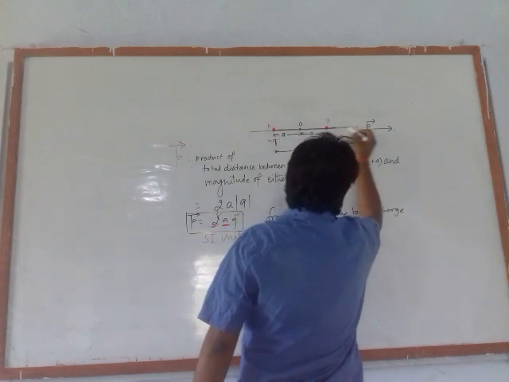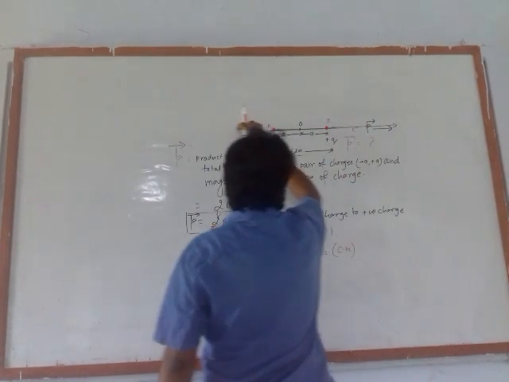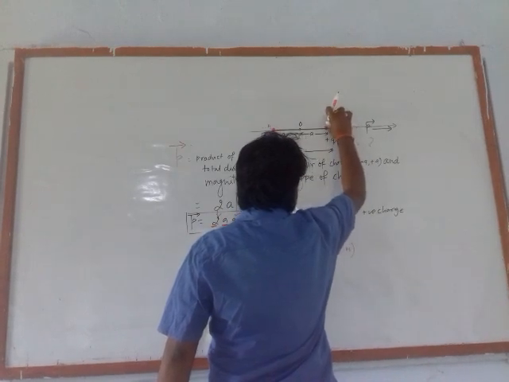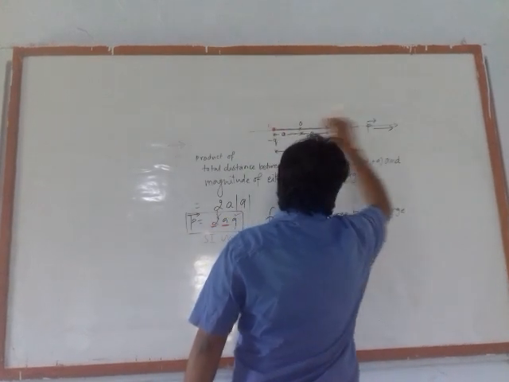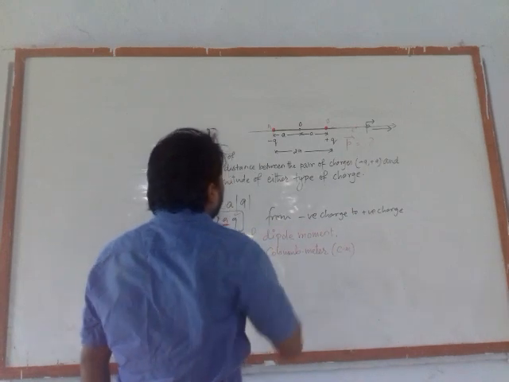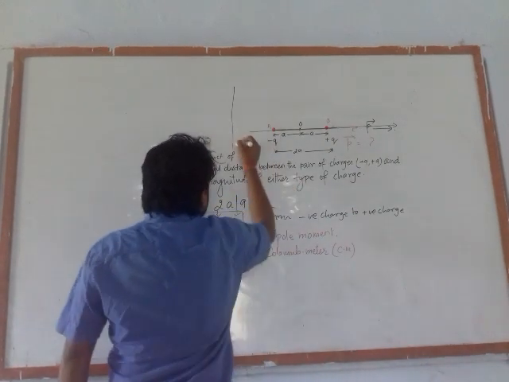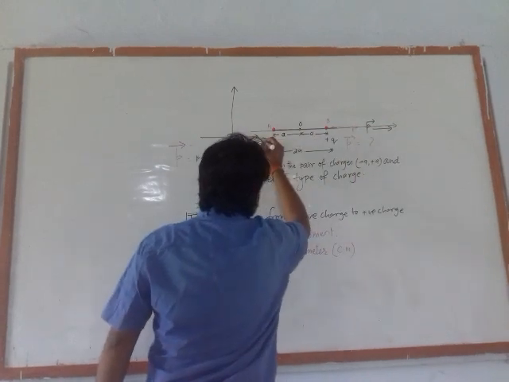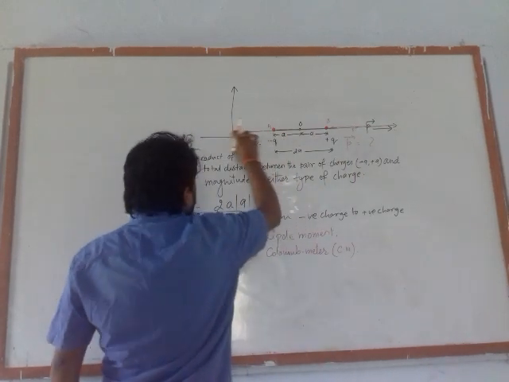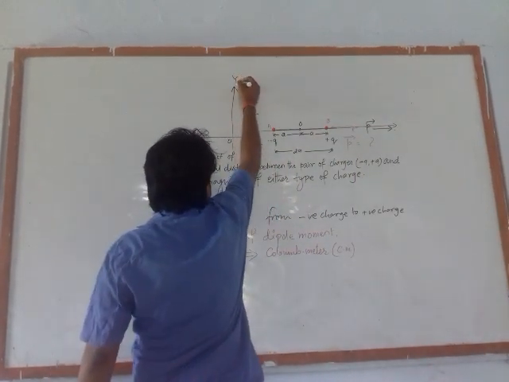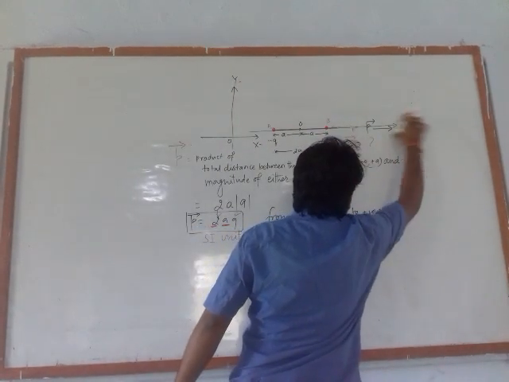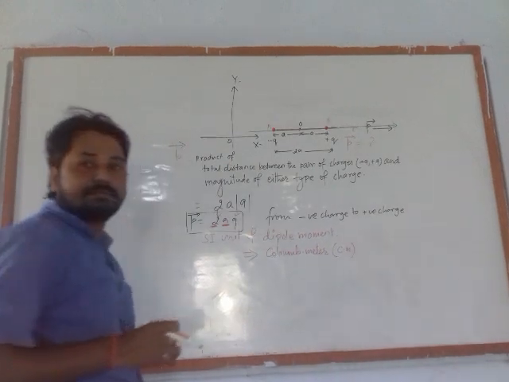If I draw a line from A to B parallel to the horizontal direction, along the x-axis, with this as the y-axis, then along the x-axis this will be considered the axial line.